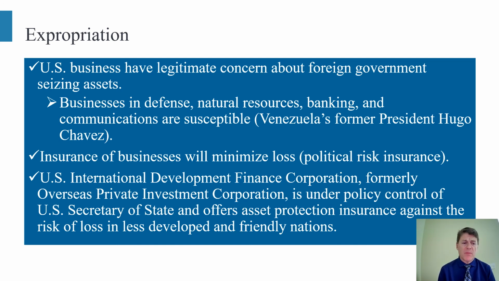The U.S. government does offer U.S. companies the Overseas Private Investment Corporation, with some options for protection from expropriation. But again, careful country selection and an understanding of the risk assessment is really essential when you're trying to determine whether it is worth it to expand operations into other countries.